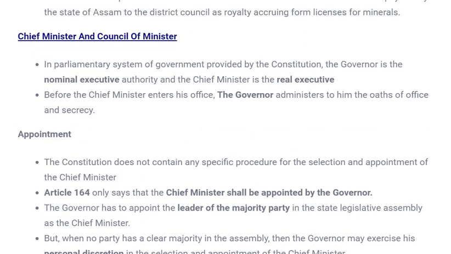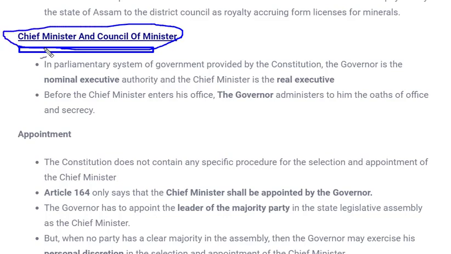Now moving to the next member of the state executive, that is the chief minister and council of ministers. Now who is this chief minister? We have already discussed again and again, but still I'm telling you, the chief minister is the head of the party winning the legislative assembly elections, and that particular person has to be appointed as chief minister of that state.